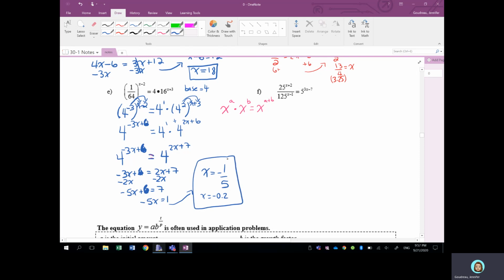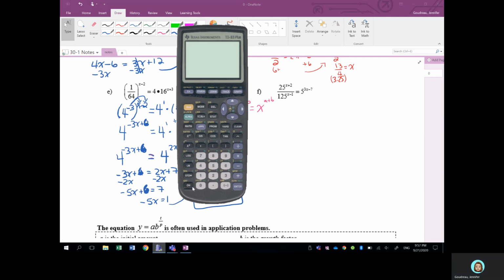There is our solution. Let's check that on our graph. So go to y equals. One more time, clear all that stuff out. Go ahead and put in left-hand side 1 over 64 to the power of x minus 2, and then 4 times 16 to the power of x plus 3.